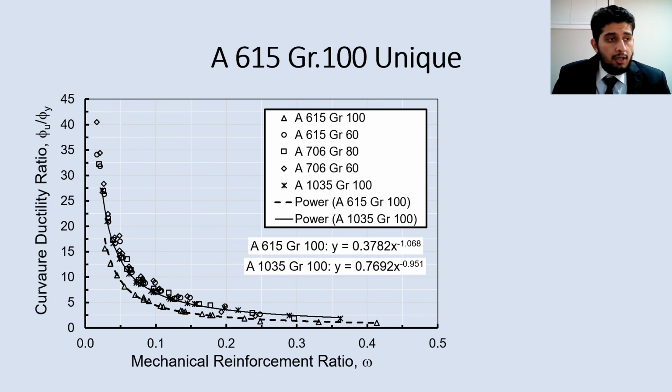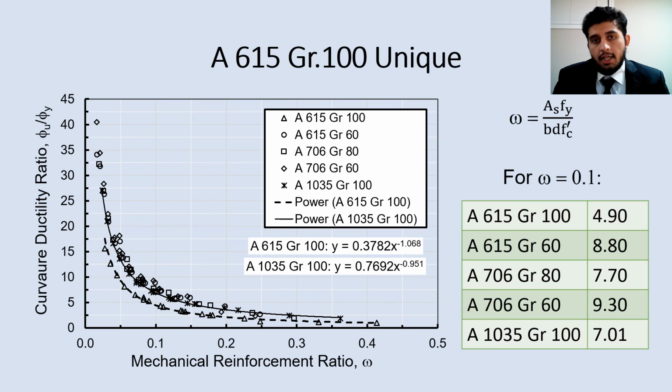Then we plotted the mechanical reinforcement ratio on the horizontal axis and the curvature ductility on the vertical axis. If we look at a reinforcement ratio of 0.1 and observe the curvature ductilities, we can see that A615 grade 100 has the smallest curvature ductility of 4.9, and A706 grade 60 has the highest curvature ductility of 9.3.